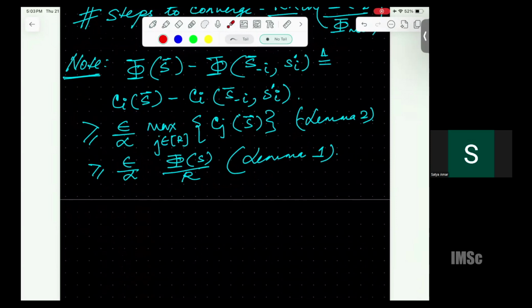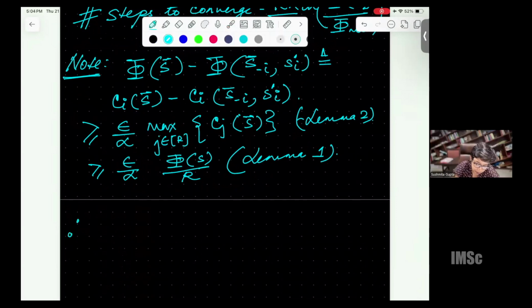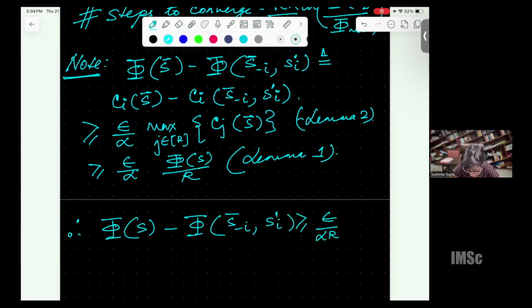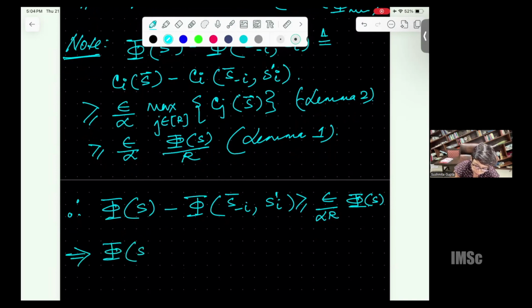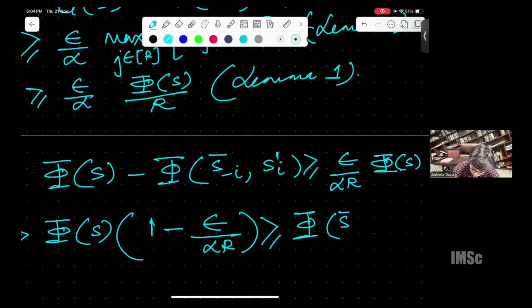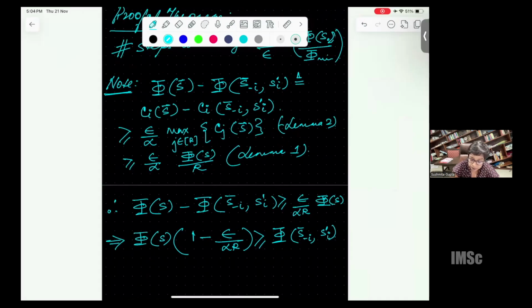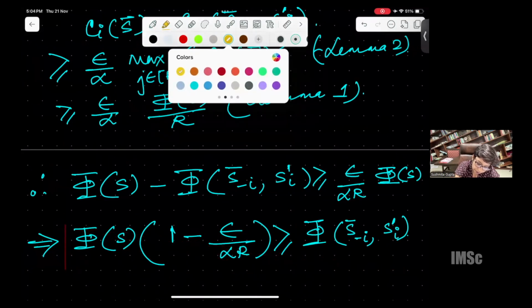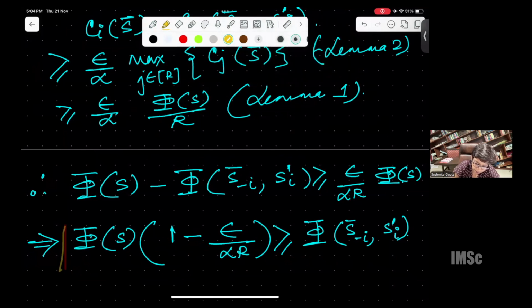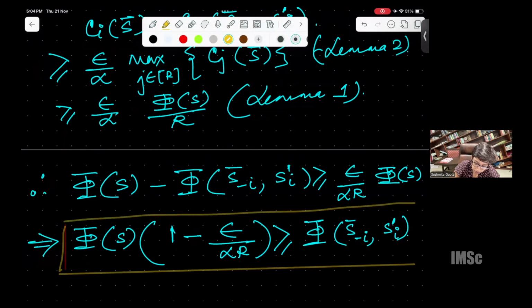Okay, yes. So then what else is there? Therefore, basically the potential change is at least epsilon alpha phi S by k. So if I just change this, does this seem easier to interpret? What are we saying?